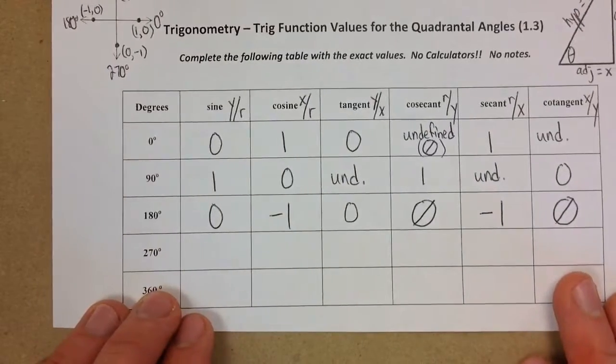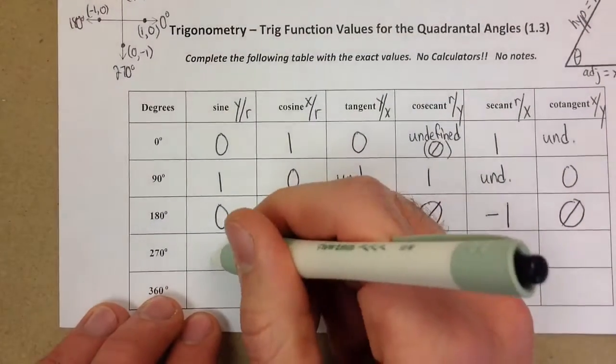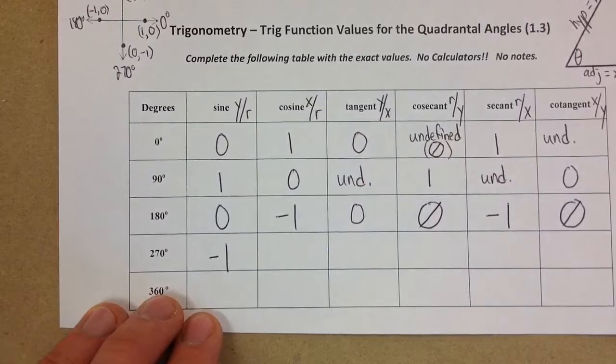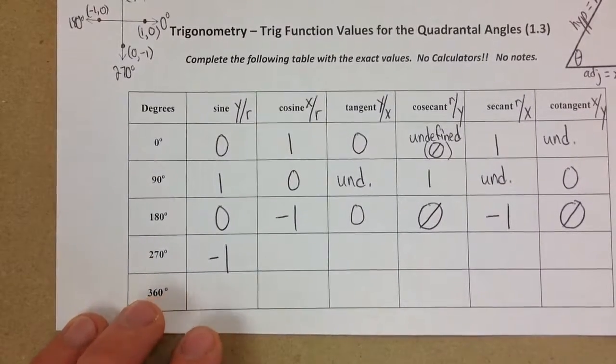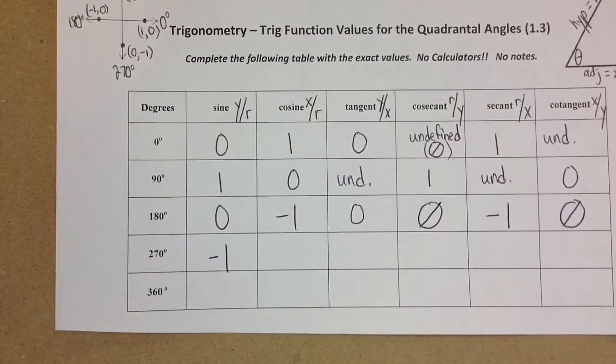Julia, sine 270? -1. I'm really glad that you're noticing patterns. I expect it to be the opposite of 90. But let's see. Nick, cosine 270?